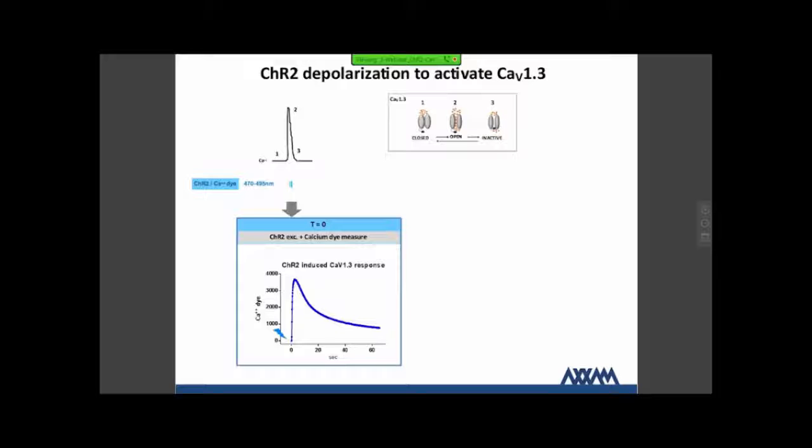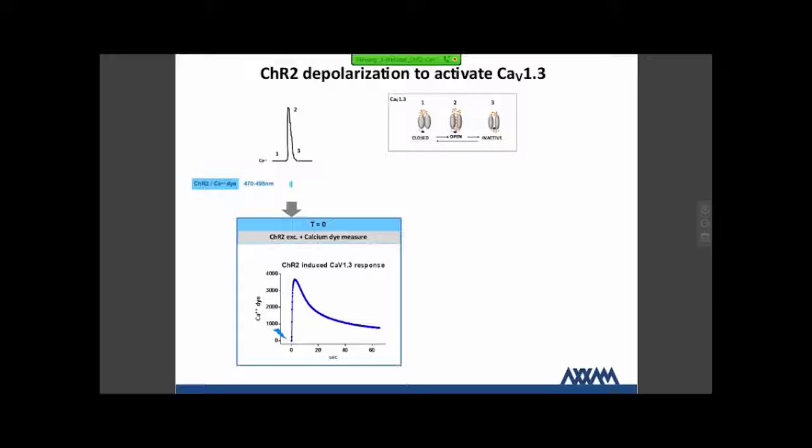And you can see in this panel that the blue light stimulation induced a very strong and robust calcium signal into the cells expressing the Cav1.3 target. So then we set up a protocol for the study of Cav1.3 channel in different states. And we achieved this by repetitive blue light stimulation of our cells.